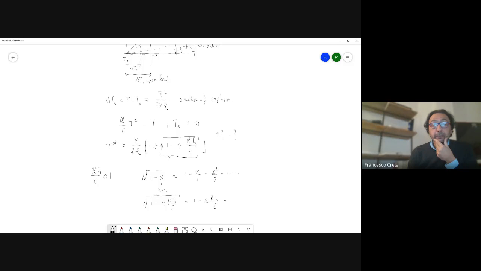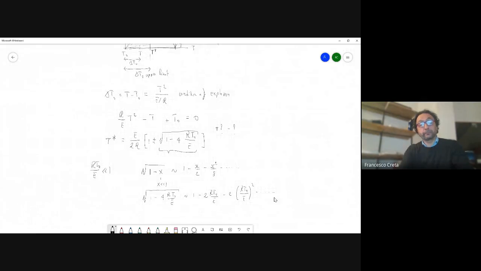Minus 4 divided by 8, so 2 RT0 over E squared, okay? And we stop here, okay? We stop at the quadratic term. The rest will be negligible for this treatment here. Okay.